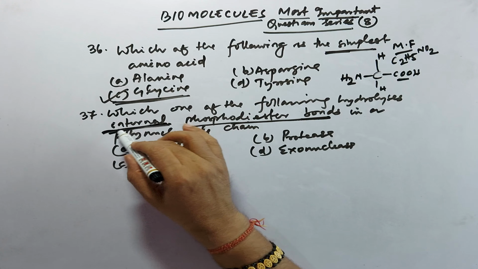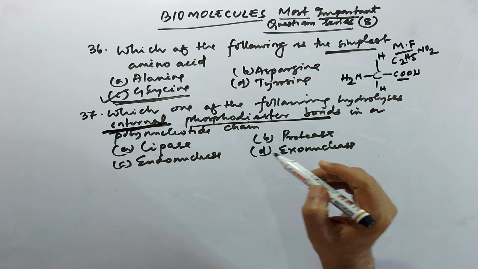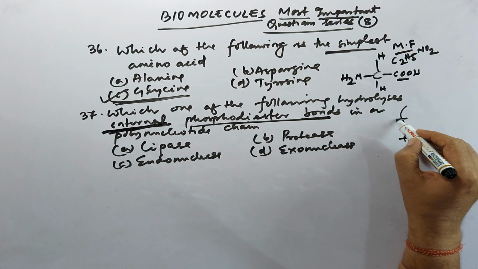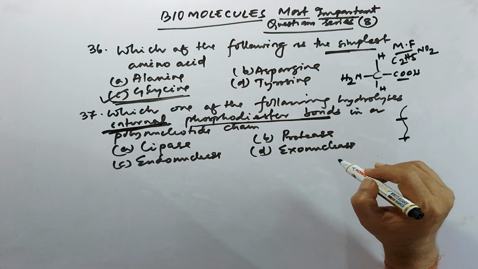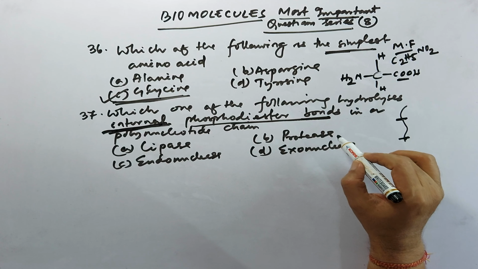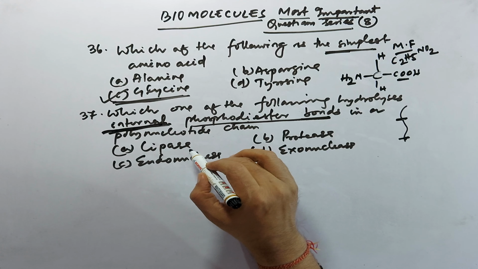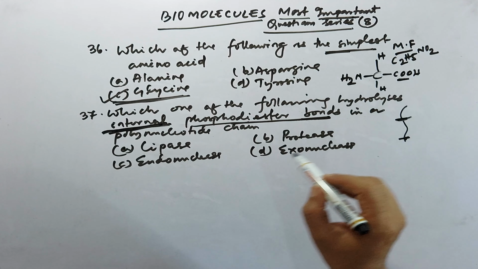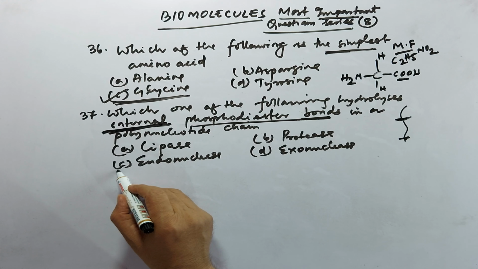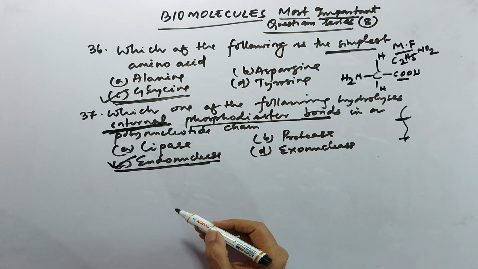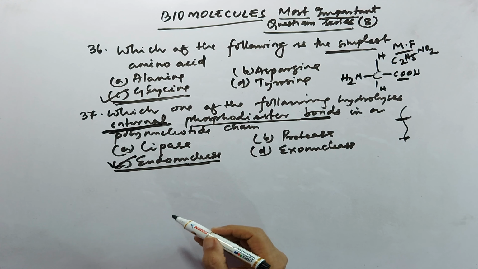So there are 2 types of action, one from the terminal and another internal. Terminal is exonuclease, proteases digest the protein peptide bonds, and lipase digests esters or lipids. So internal means the correct answer is endonuclease.